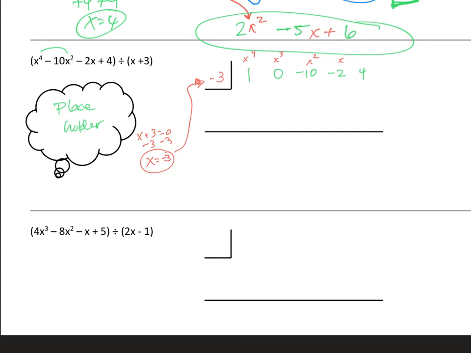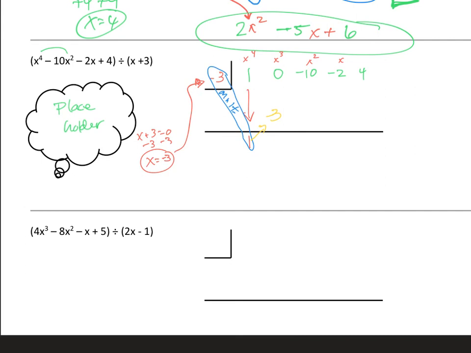And now we can start our algorithm. So the first thing that we have to do is bring down that first coefficient. Okay, now once we have a number underneath that line, we are now going to multiply those two things together, right? And once we multiply them, what is that? -3 and 1. We're going to place it underneath the next coefficient.